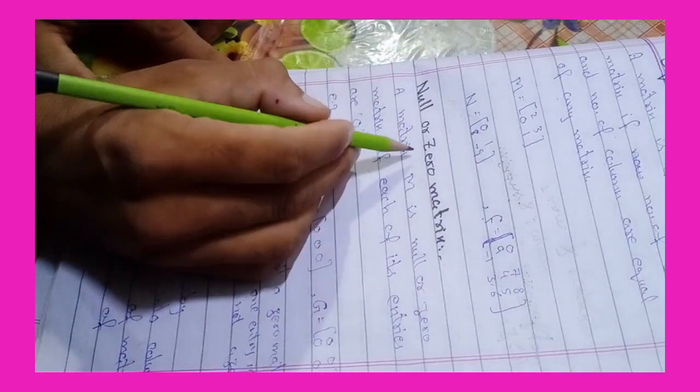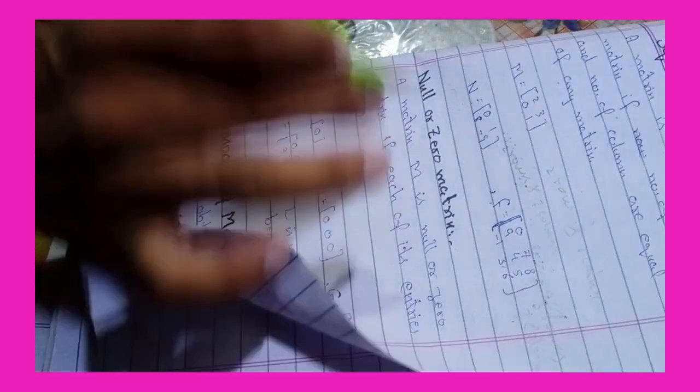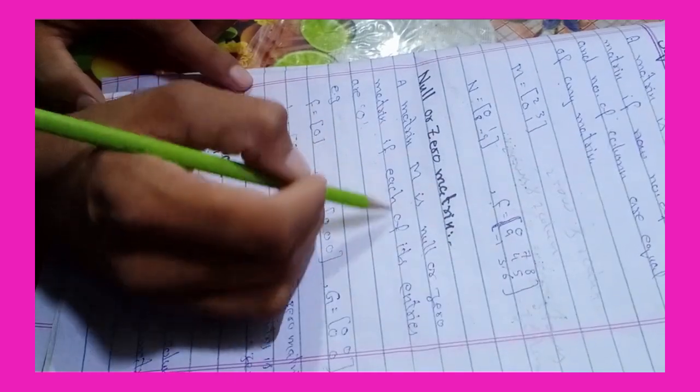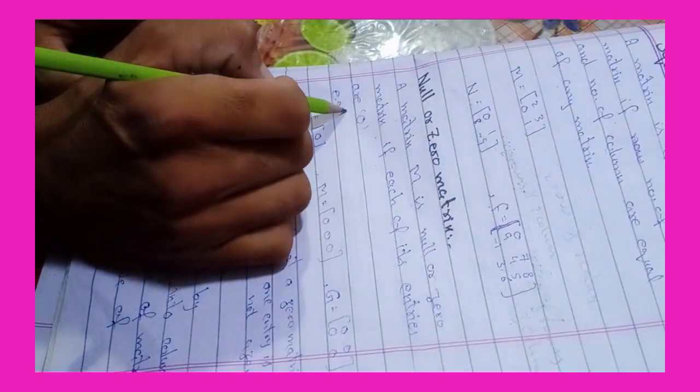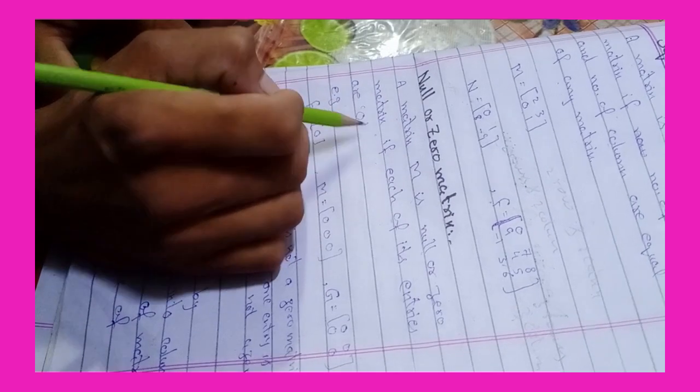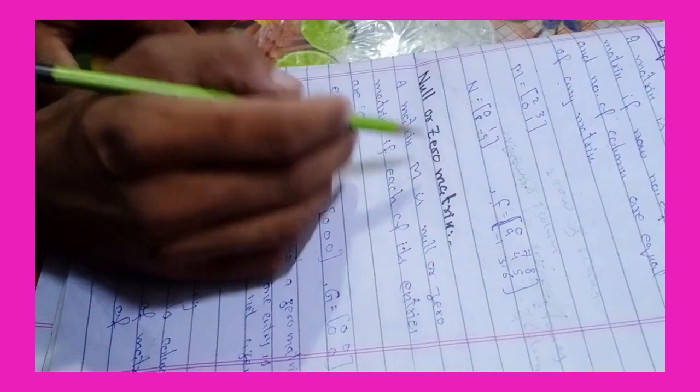Null matrices or zero matrices. A matrix M is a null or zero matrix if each of its entries is zero. Any matrix containing all entries zero is called a null matrix or zero matrix.